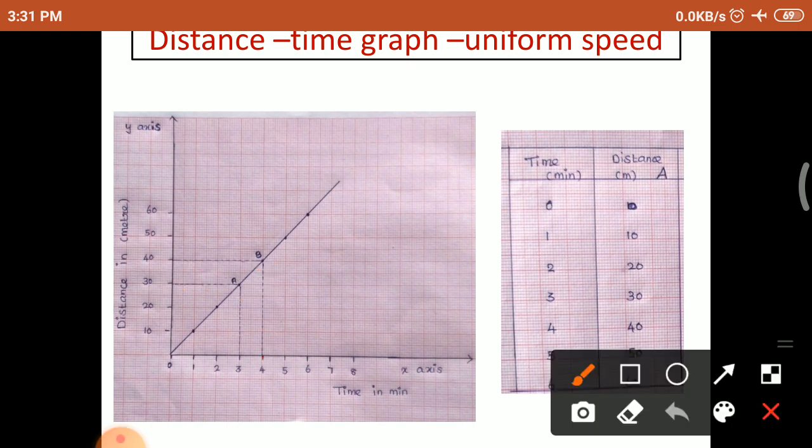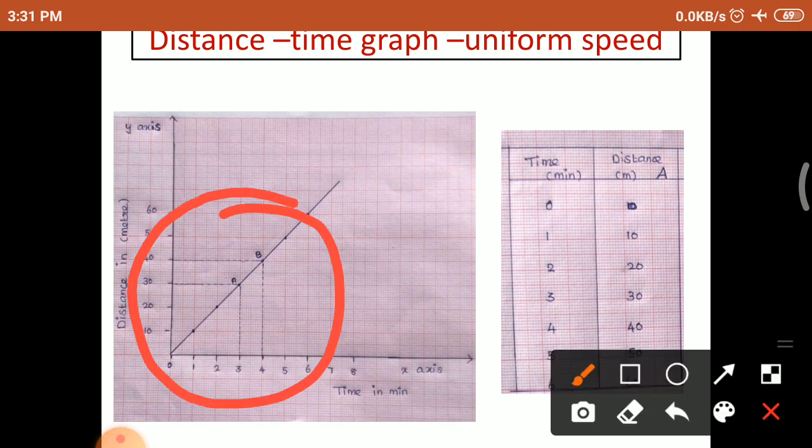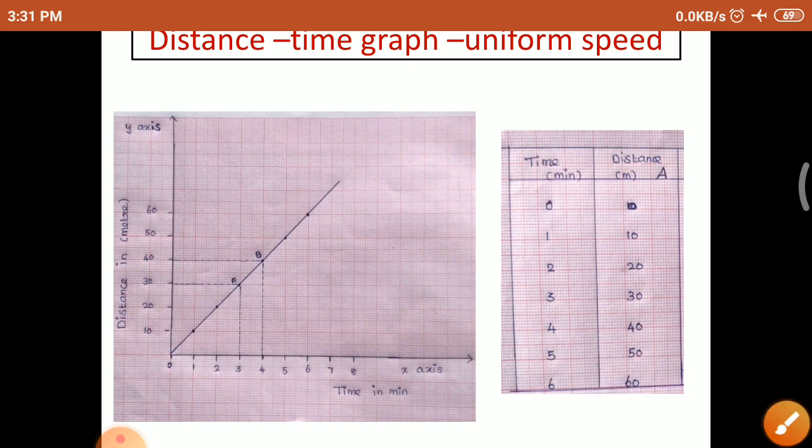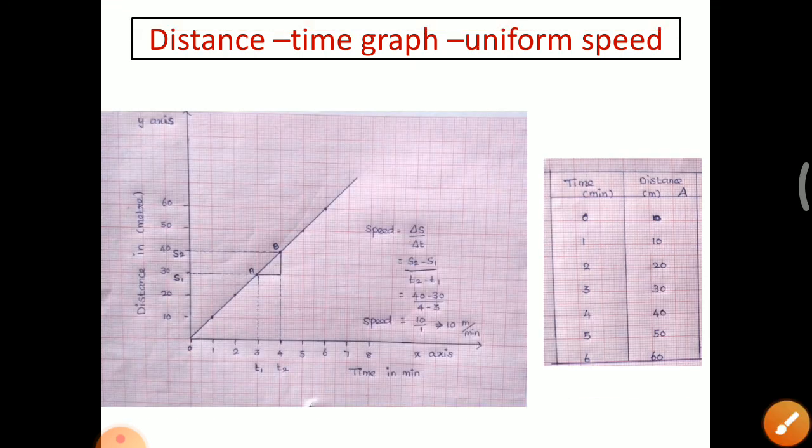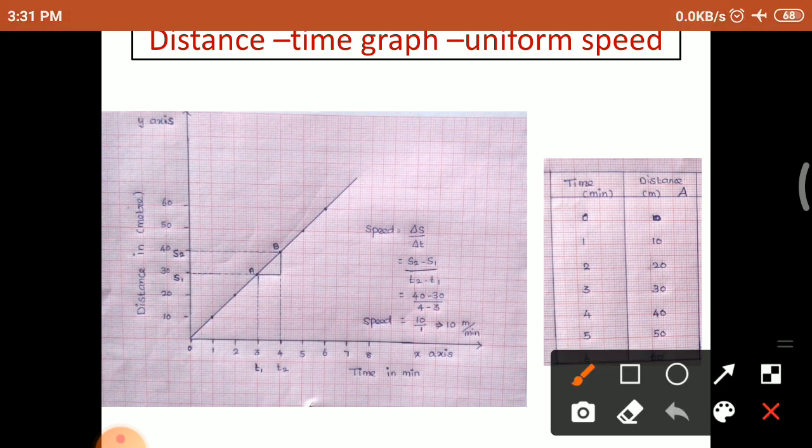See, it is clearly shown here. You have to draw perpendicular lines to both axes for both points. The next step, you have to draw a triangle like that.